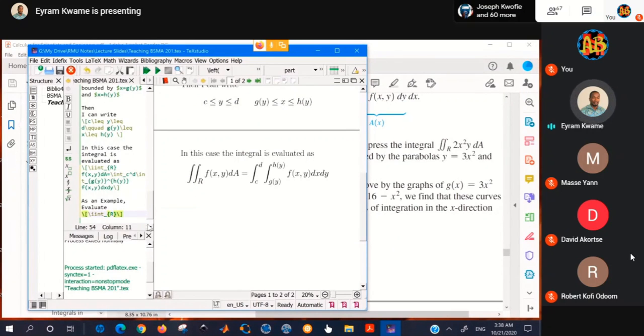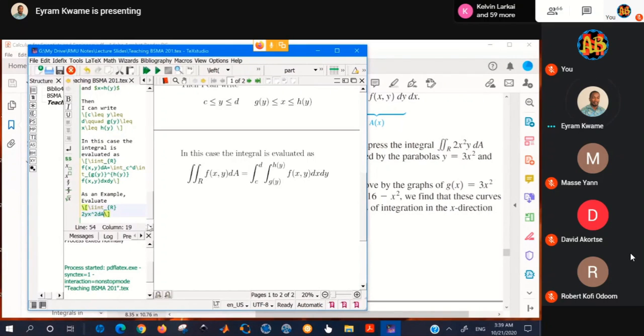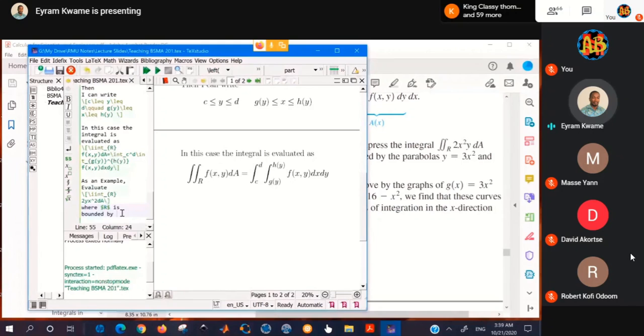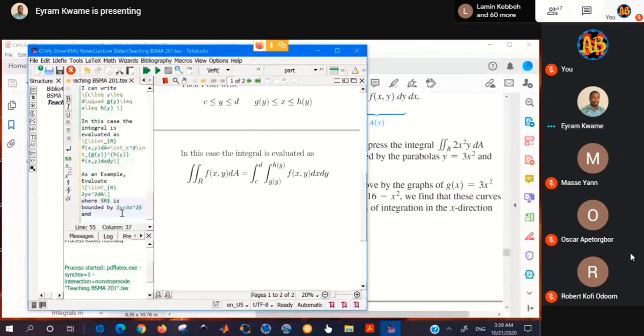As an example, evaluate this, where I have 2yx squared, so 2 times y times x squared with respect to A, where R is bounded by y equal to 3x squared and y equal to what?